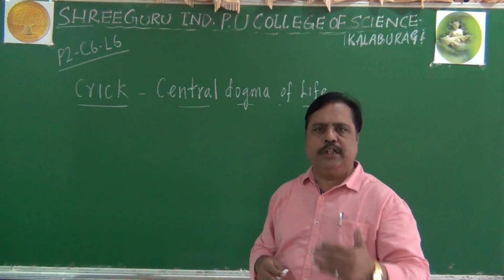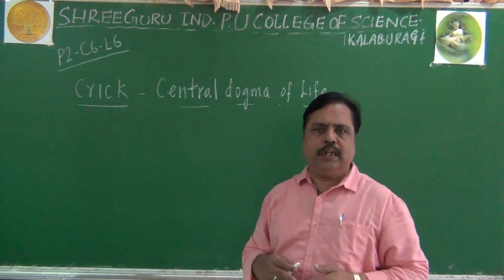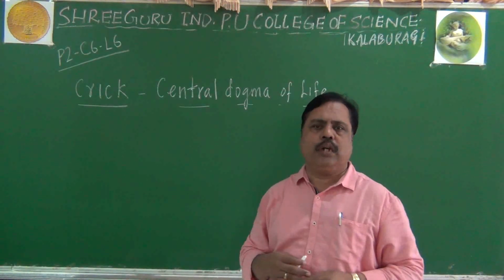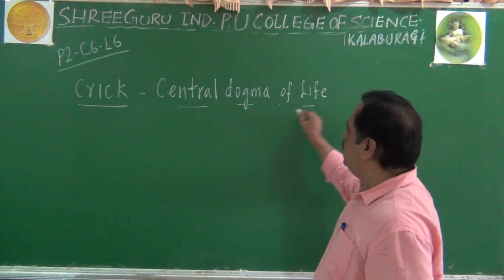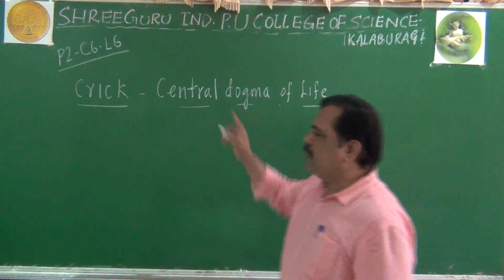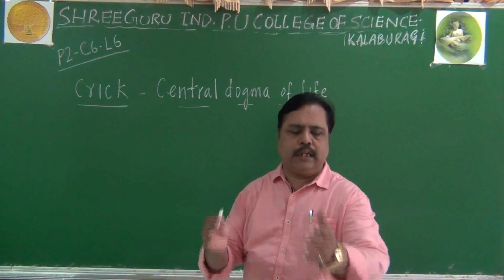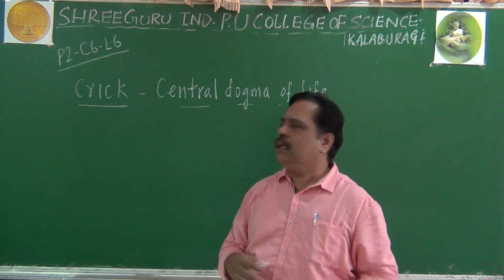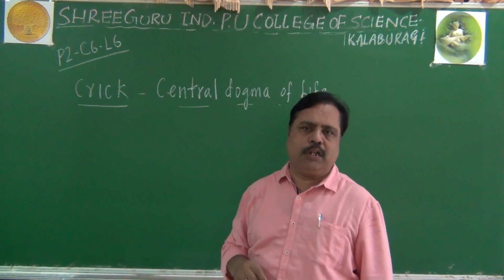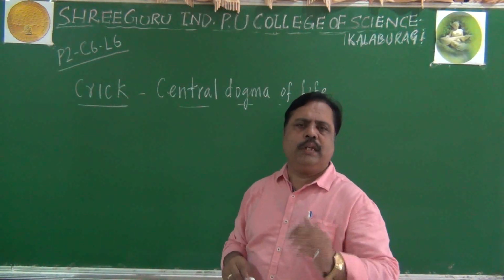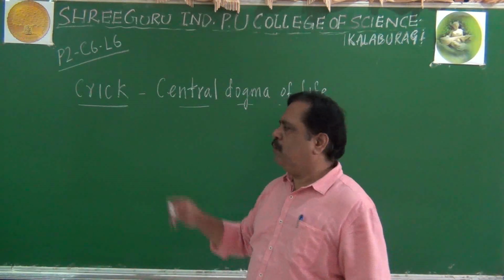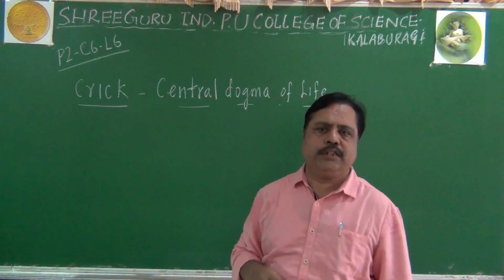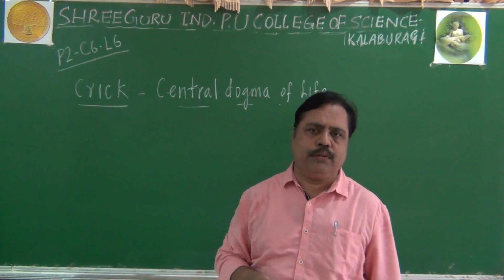For a particular religion, we have some dogmas. Every religion has its own dogma. Like that, for living organisms there is a code of conduct, there are written laws. That is how living organisms behave by using DNA as the genetic material. That's what we are going to see.